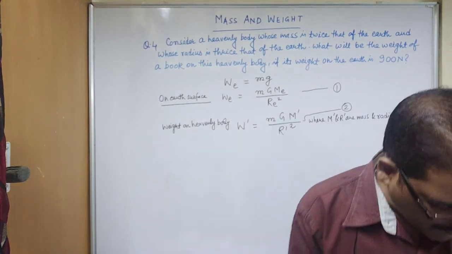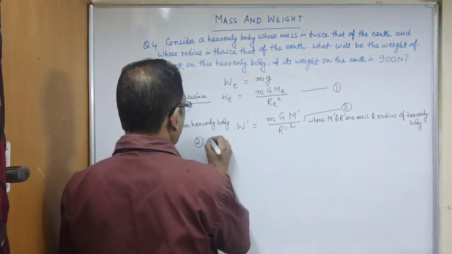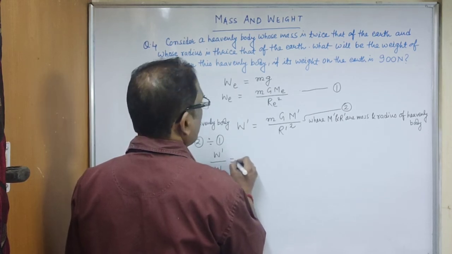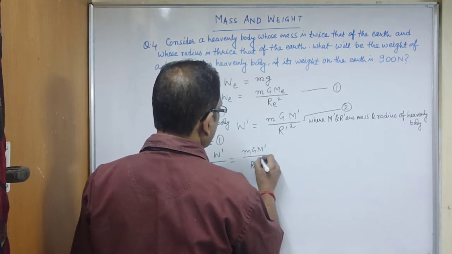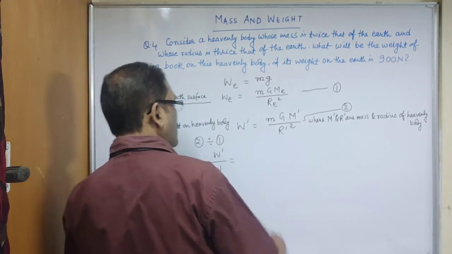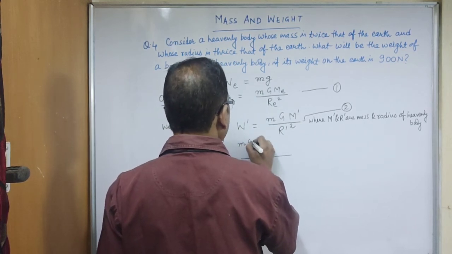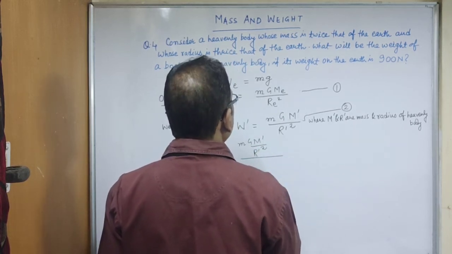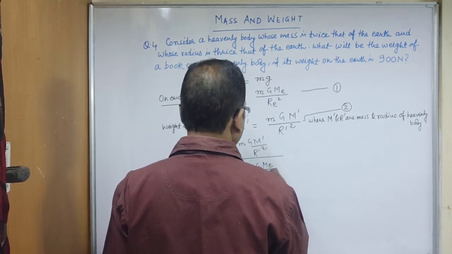If we take the ratio of these two, we divide equation 2 by 1, W dash by W. It will be m G M dash by R dash square in the numerator, and in the denominator we have m G Me by Re square.